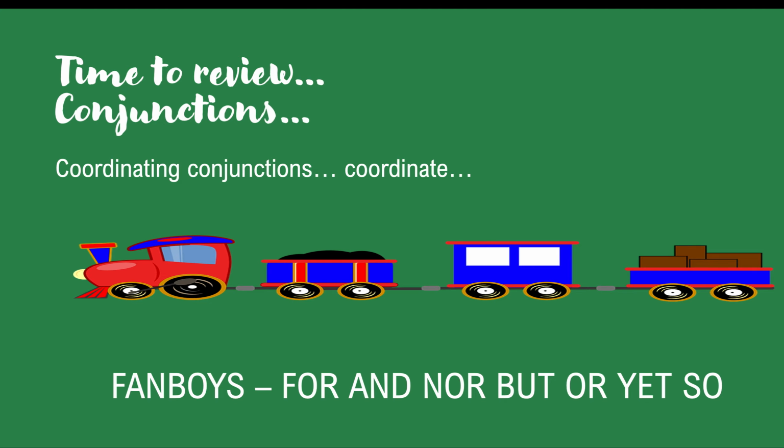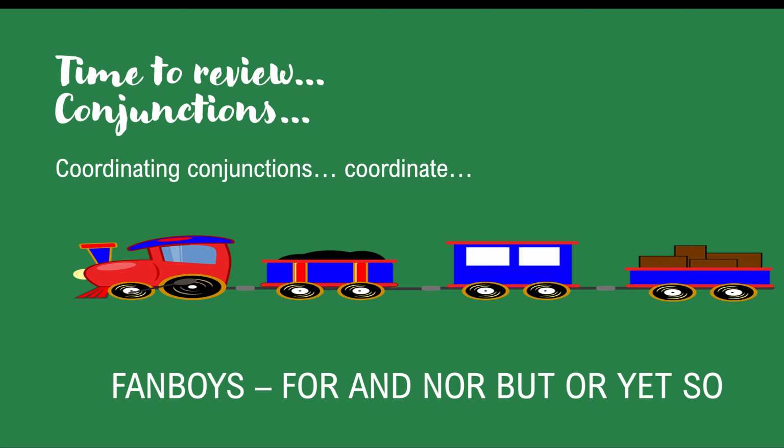The coordinating conjunctions are for, and, nor, but, or, yet, so. Note they're all short, and if you remember the word FANBOYS, you'll have an easier time remembering what the conjunctions are.